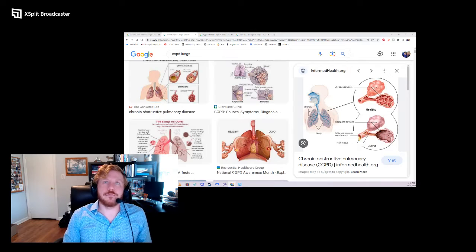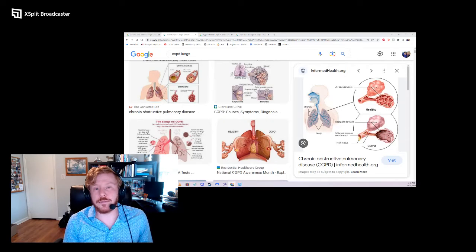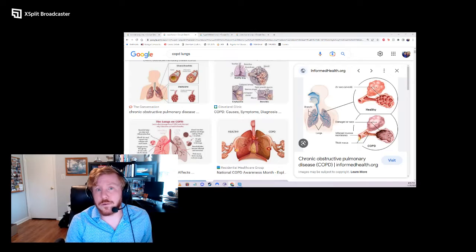A lot of people who have COPD also need to be educated. There's a thing called pulmonary rehab, which is a program that's educational. It involves a little bit of exercise, but it also helps them live with their symptoms and try to improve their symptoms through exercise.